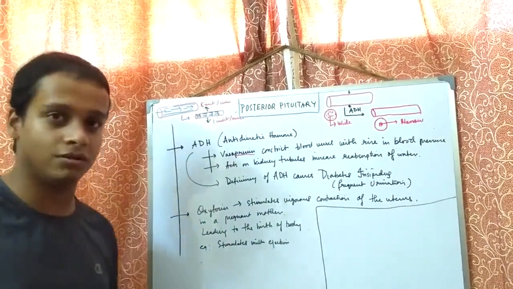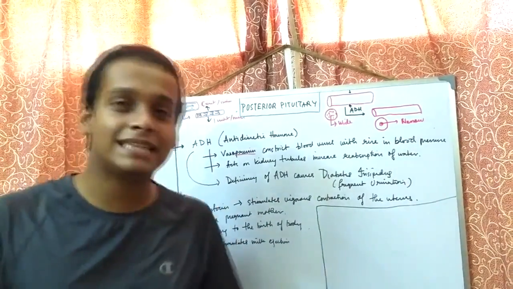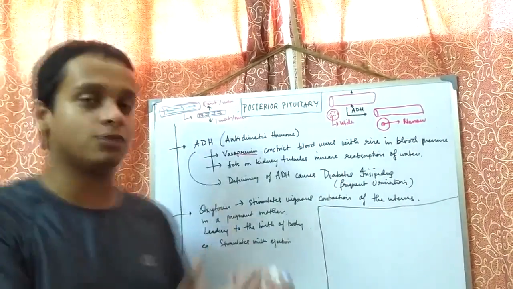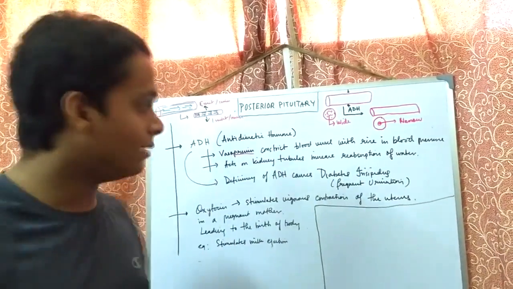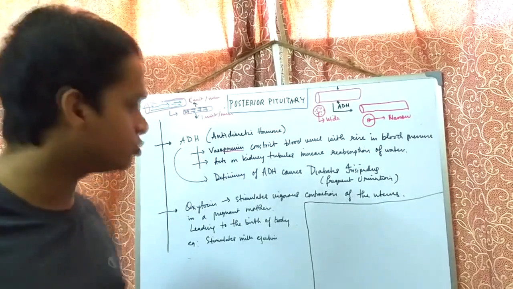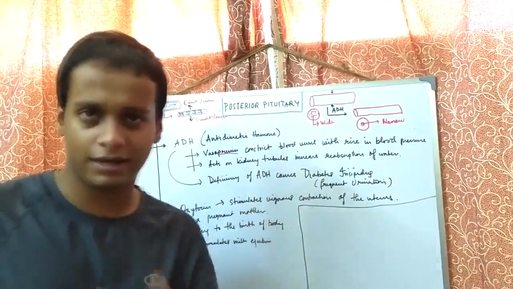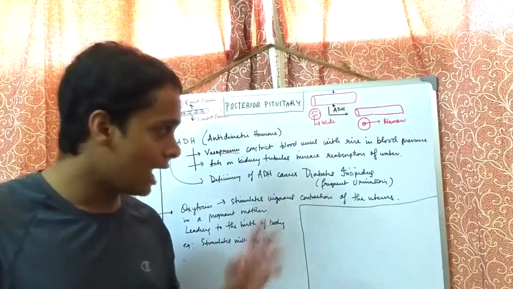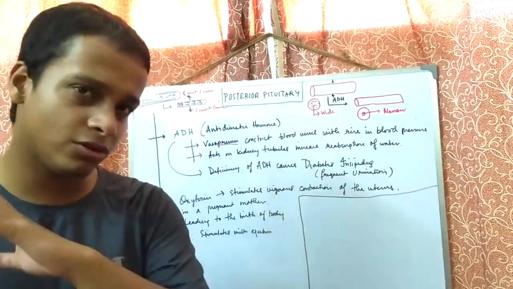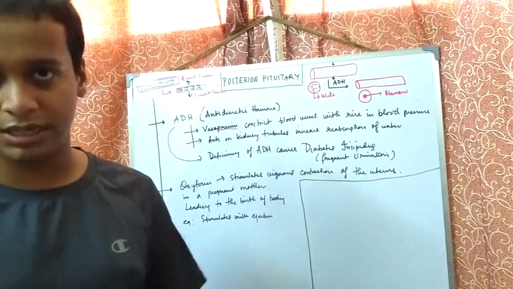And if you urinate, you don't urinate on the floor, you go to the bathroom. So insipidus means absence of sugar, and mellitus means sugar, honey or sweet thing. So your urine is sweet in diabetes mellitus, and your urine has no sweetness in diabetes insipidus, only frequent urination is there.